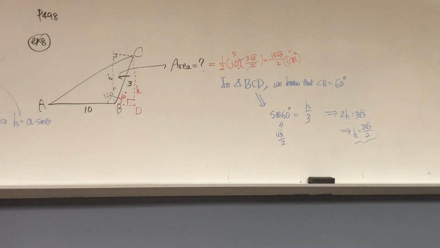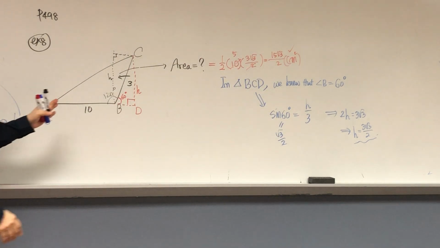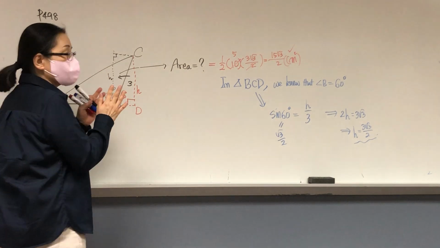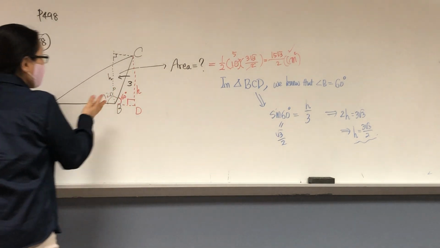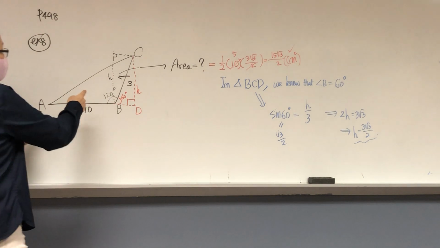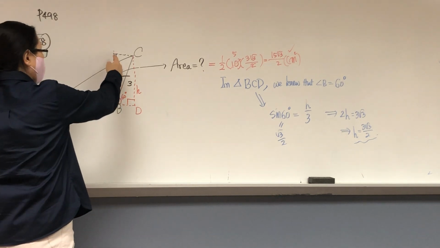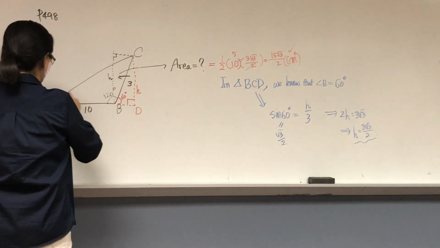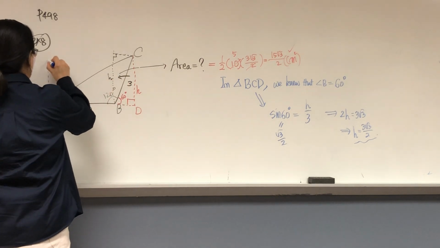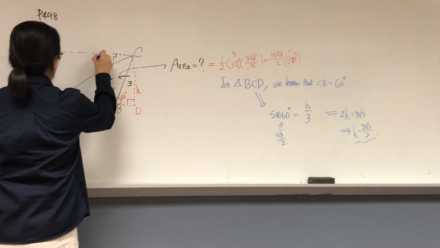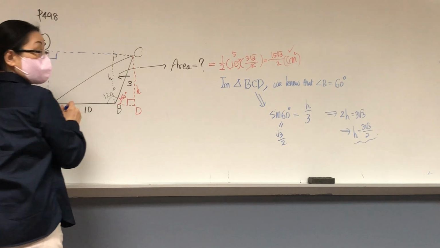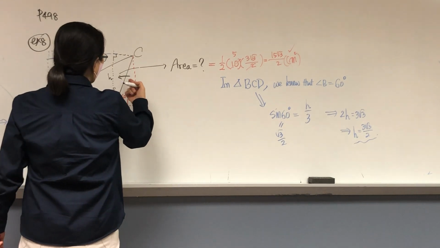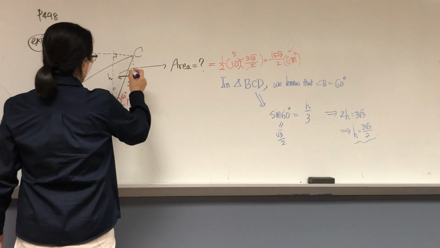Here, geometry. Let me go back to geometry. I've never taken geometry. Here, your high school teacher. See, this is H. And now, you see what I want to do? Here, and what can you do?